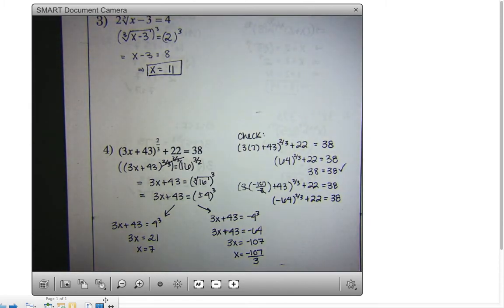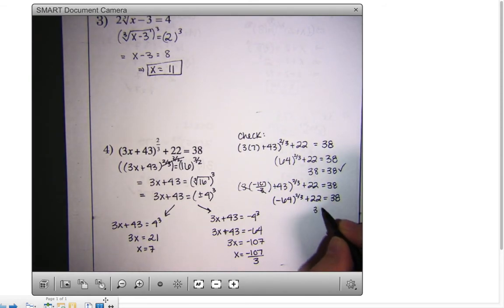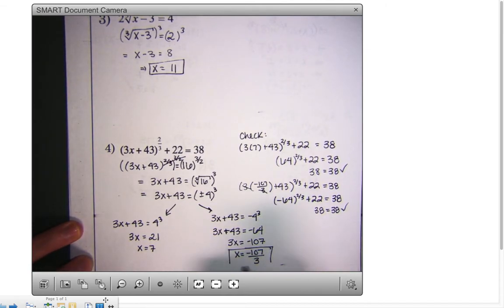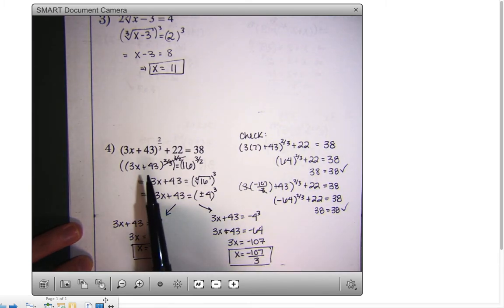So here I've got the cube root of negative 64, which is negative 4. Negative 4 squared is 16, and again, 16 + 22 is 38. So both of those do end up working. So there's two solutions here that are going to satisfy this equation.